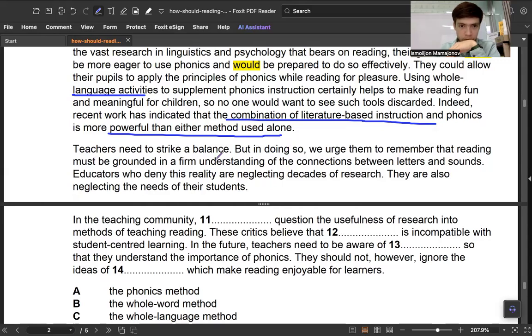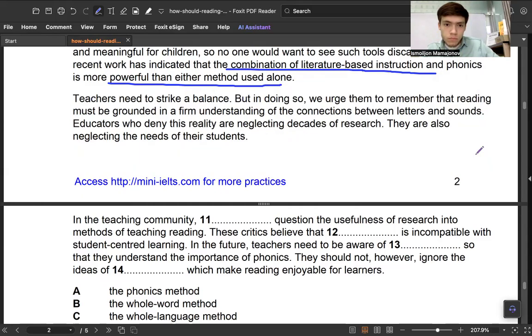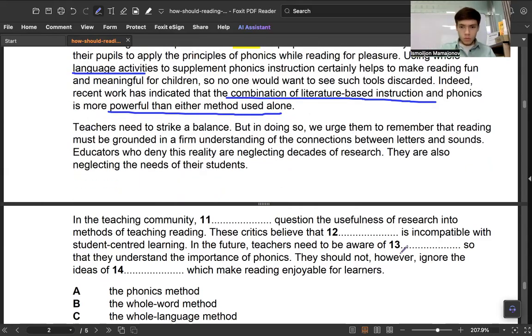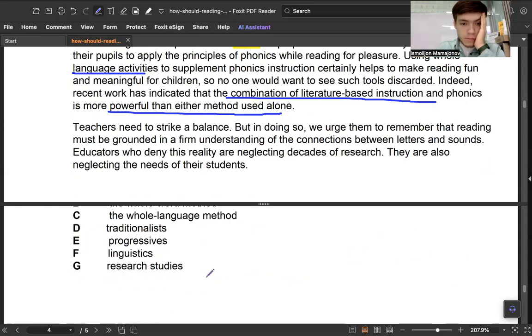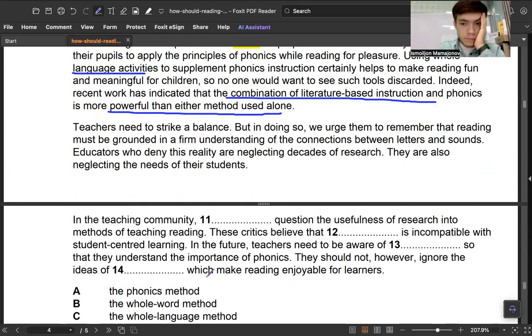Yeah, I think the answer is something here. The ideas of... no. Decades of research.